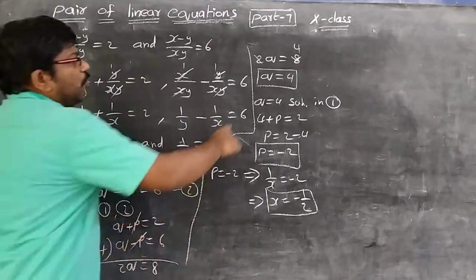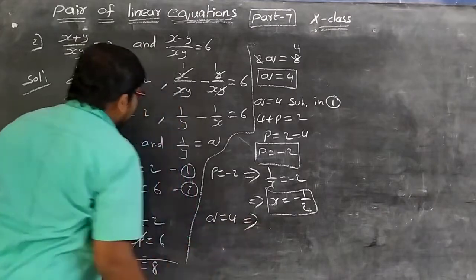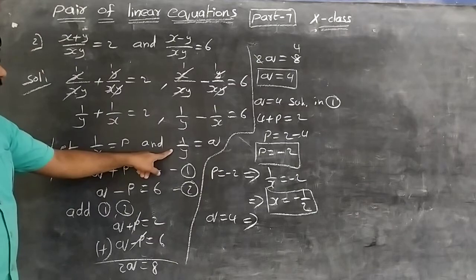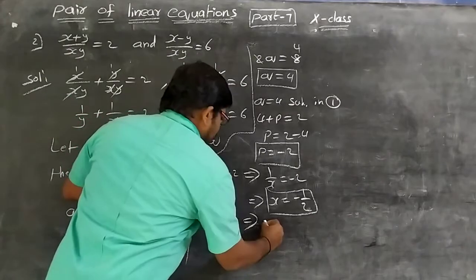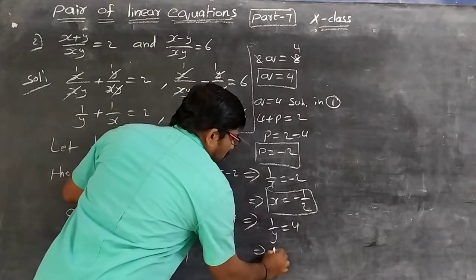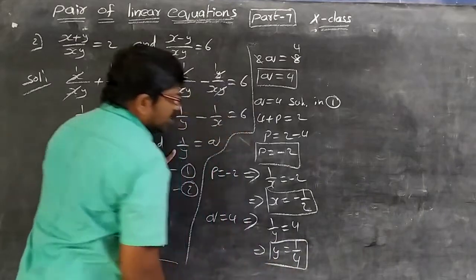And what is q value? q is 4. That implies, here what is q? 1 by y. See? 1 by y is equal to 4. That implies y is equal to 1 by 4, right?